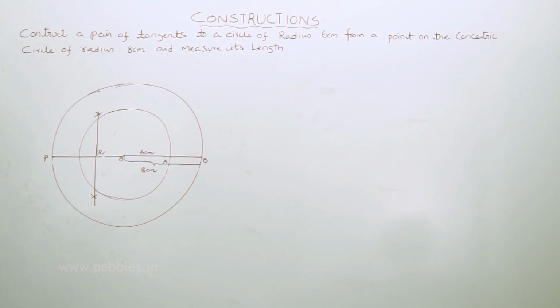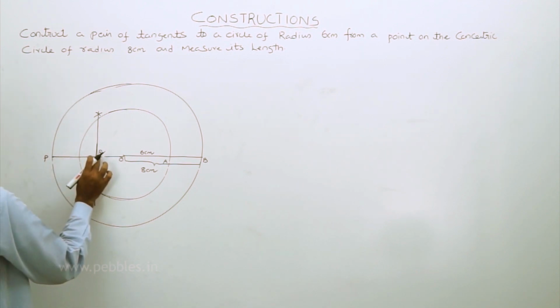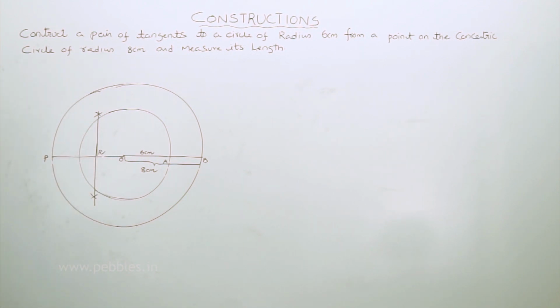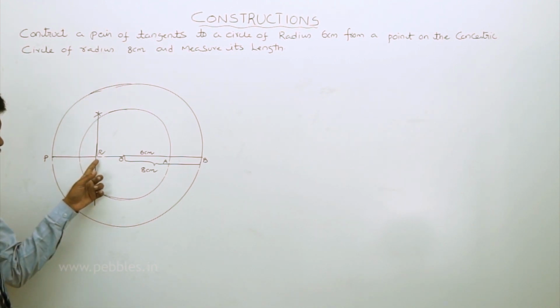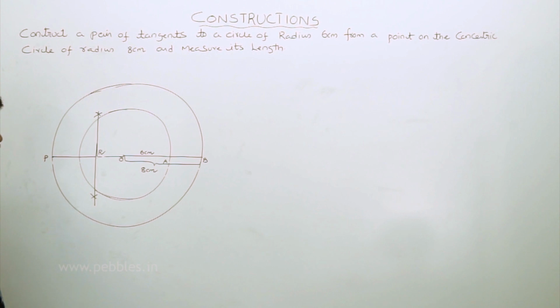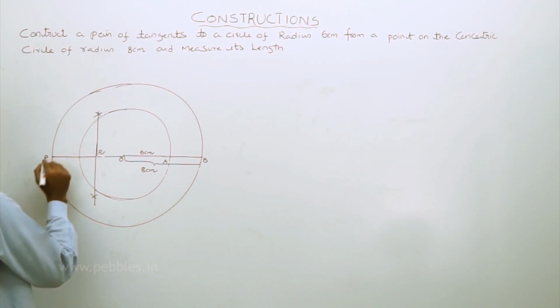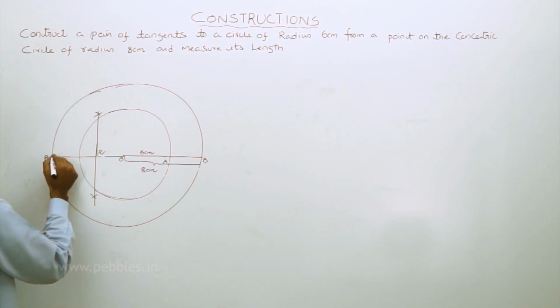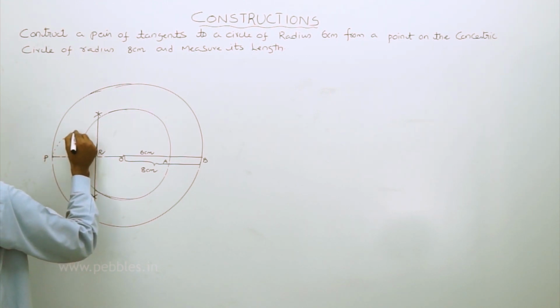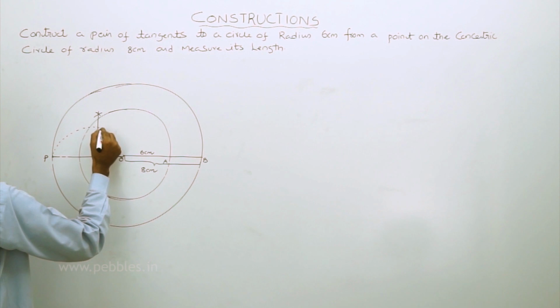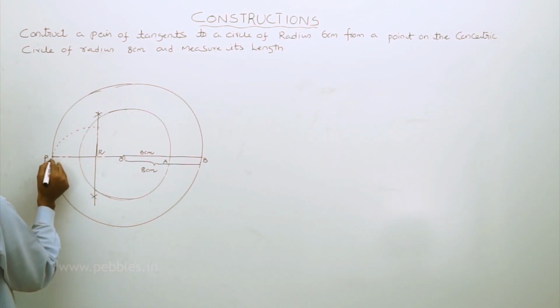Now taking R as center, PR as radius, draw a circle.